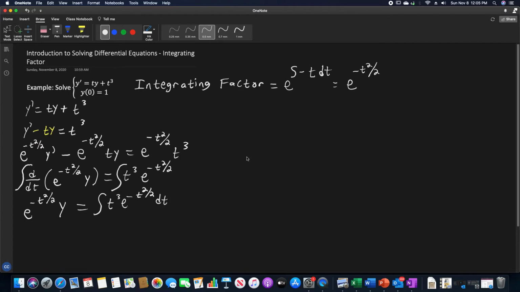For this, we would need to use integration by parts, and one round of integration by parts gives e to the negative t squared over 2 times y equal to negative t squared times e to the negative t squared over 2 minus the integral of negative 2t e to the negative t squared over 2 dt.